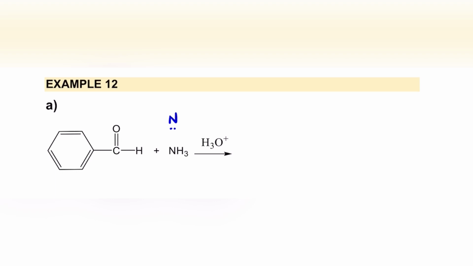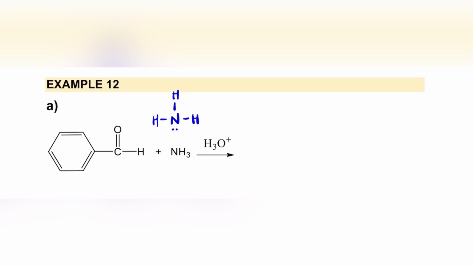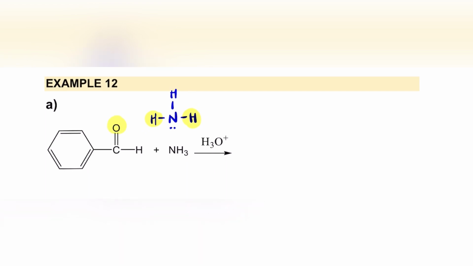We know ammonia has 1 lone pair and 3 hydrogen. So I'm going to take 2 hydrogens from ammonia, and oxygen from carbonyl compound. And then we are going to combine from this carbon double bond O attached directly to nitrogen and hydrogen.